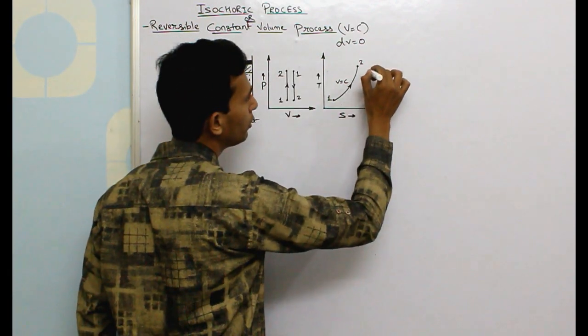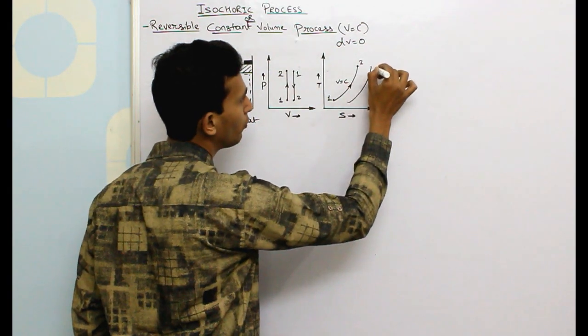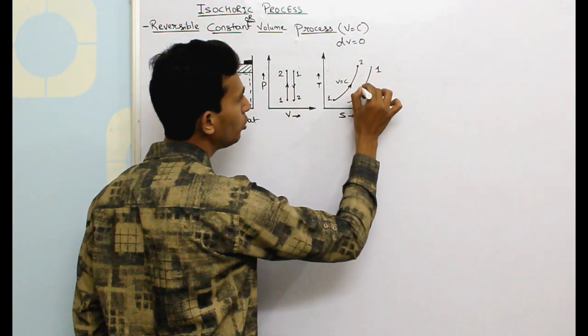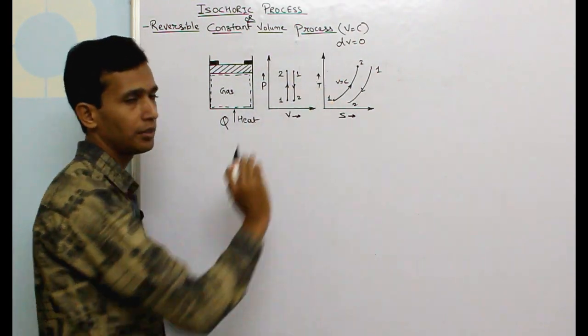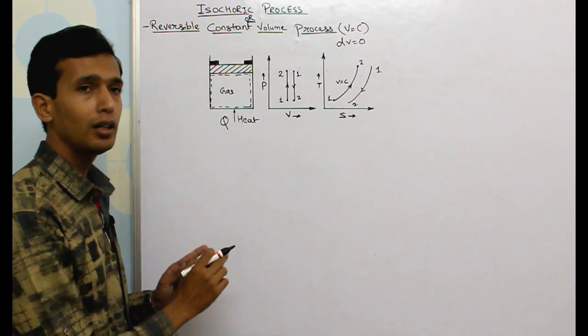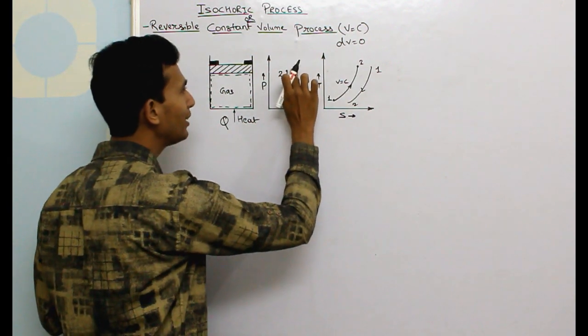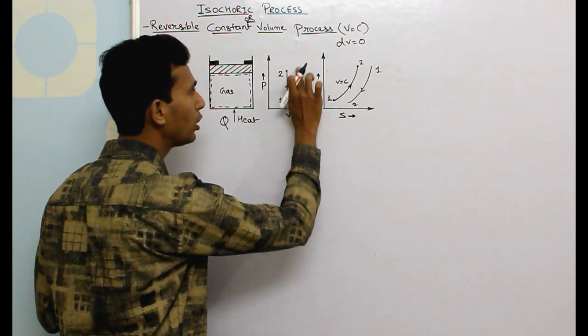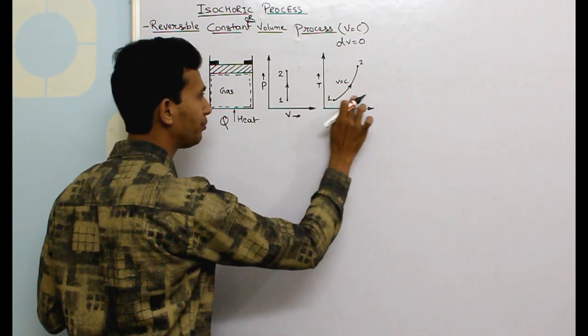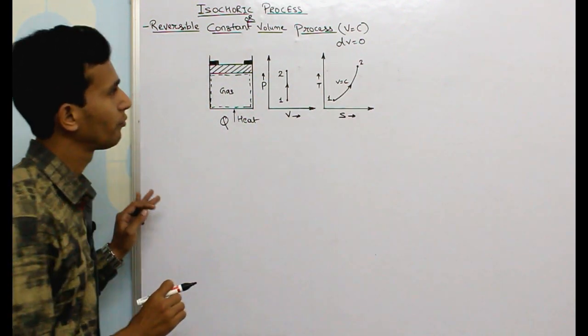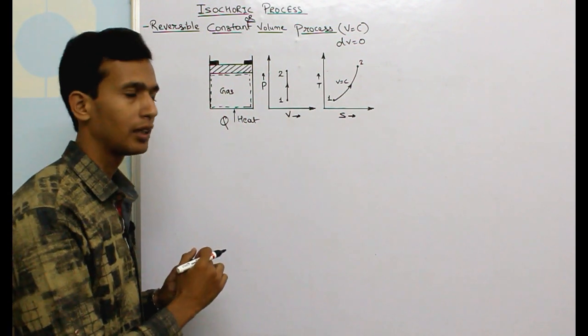Similarly, I can have this as a process in which you have this is one state and this is 2, that is final, and the heat is rejected, so the temperature is decreasing. In order to avoid confusion, I am not showing these diagrams because I am only considering the heating process. So this is the diagrammatic representation.